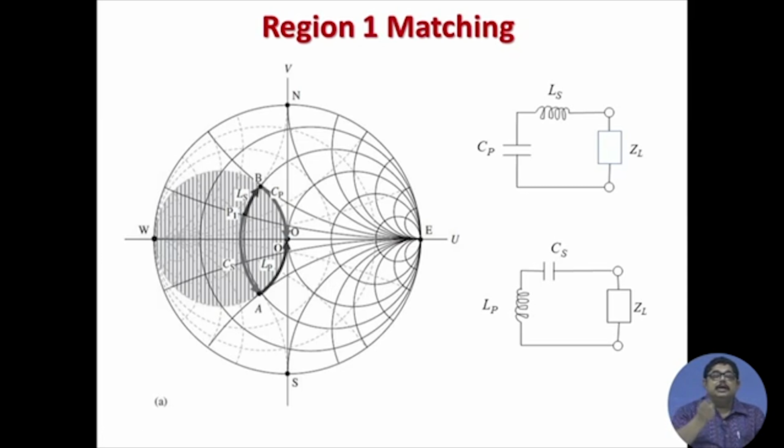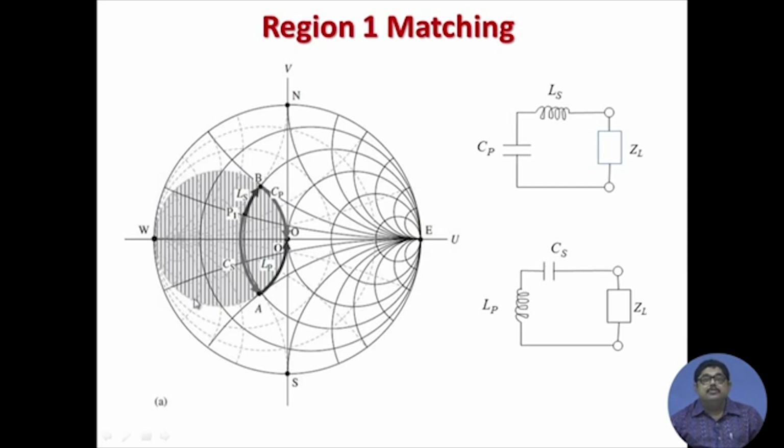For the first alternative, if you go to that single part, this is how the pulling works. If by a single part I want a clockwise pulling, I should have an LS in the series arm, and then for the other clockwise pulling, that should be in a parallel branch, it is a CP. So, that is why the first circuit on the right, that LS CP, is my choice.